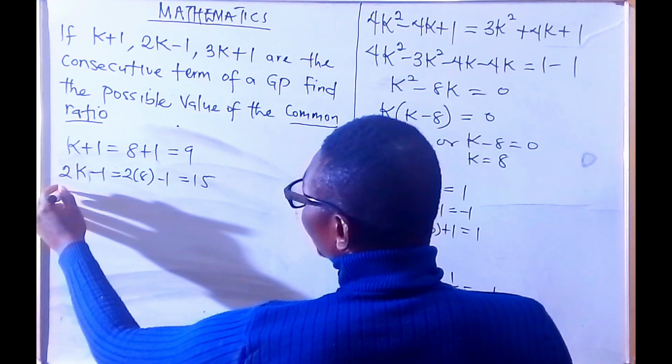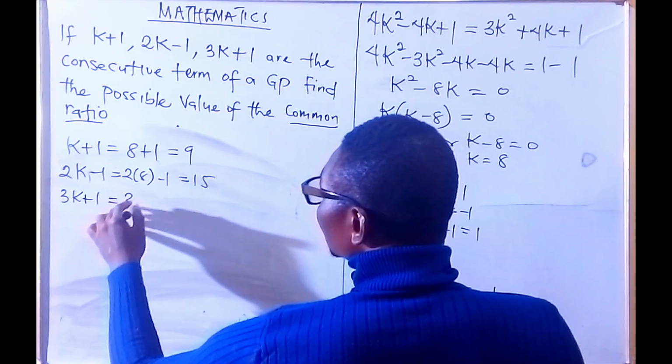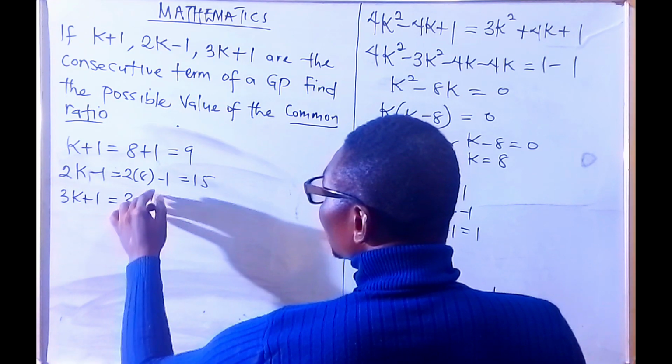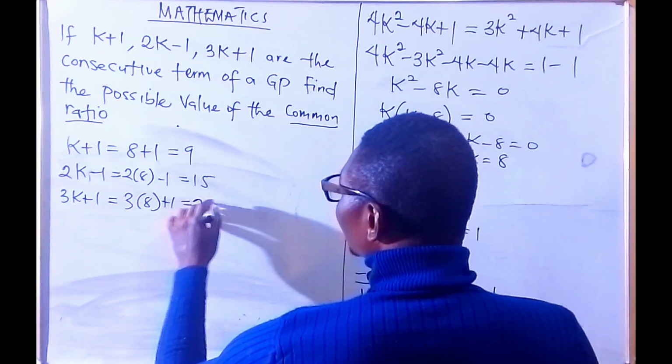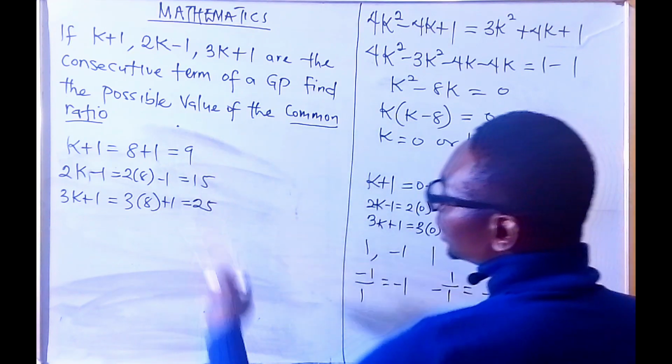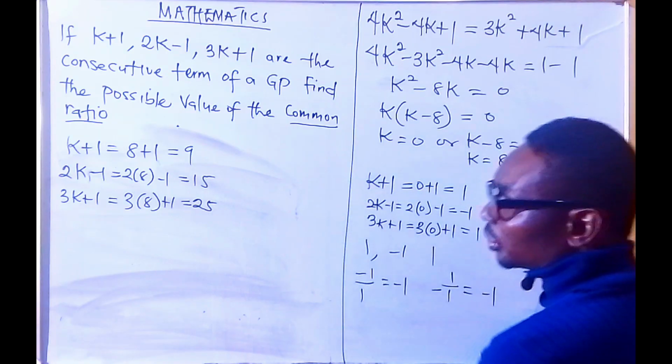Then the third term, which is 3k plus 1, will now be 3 into 8 plus 1, which is equal to 25. So the three terms are 9, 15, and 25.